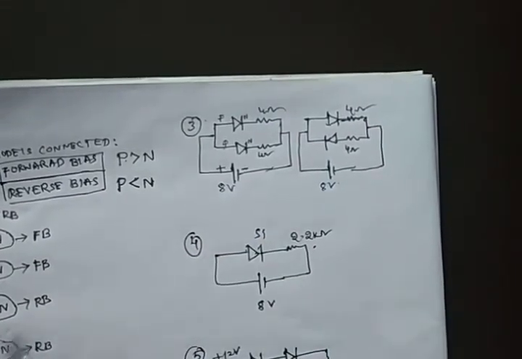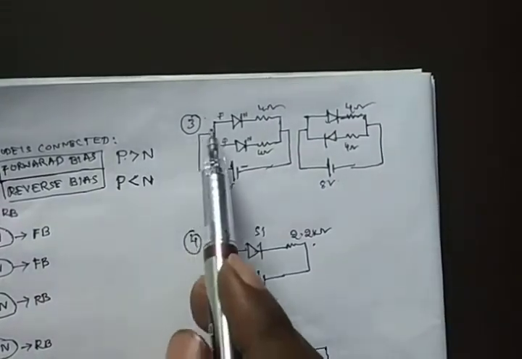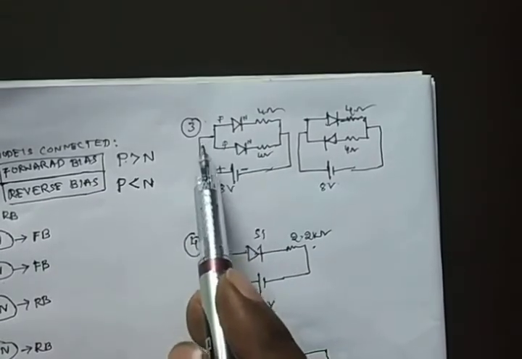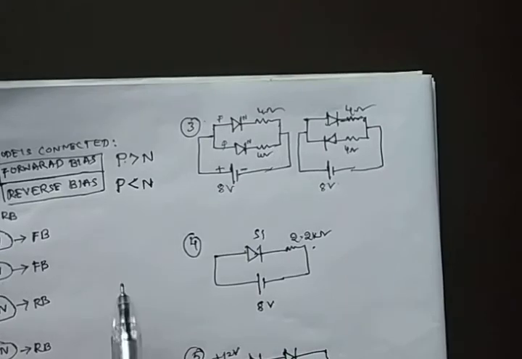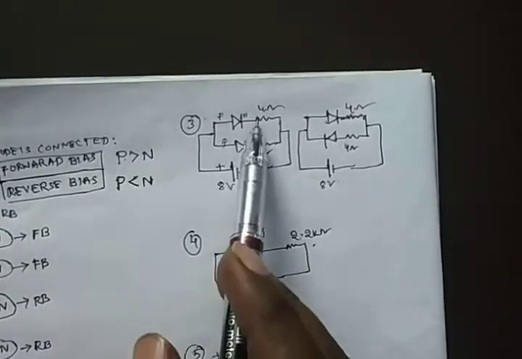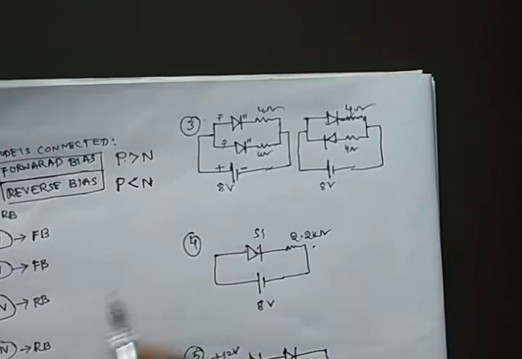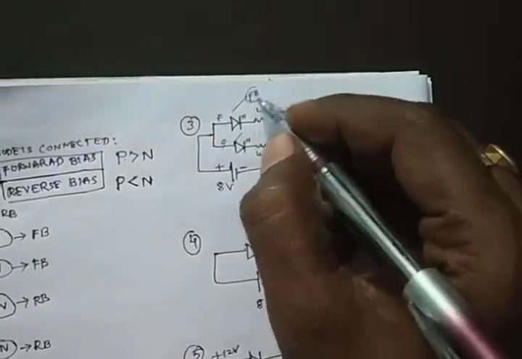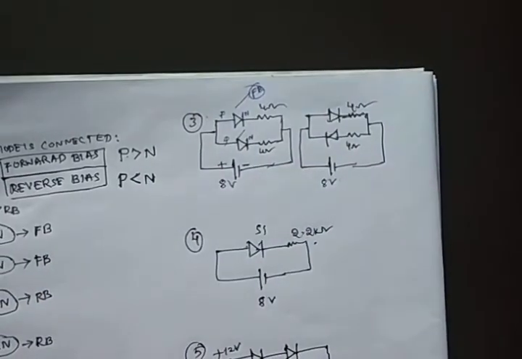Now this terminal is connected to the positive terminal of the battery. P side is connected to the positive terminal of the battery, and N side is connected to the negative terminal of the battery. Then that is said to be forward bias. So both the diodes, this and this, are said to be in forward bias.